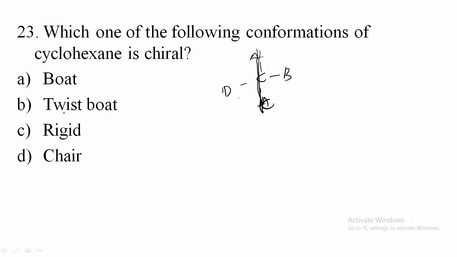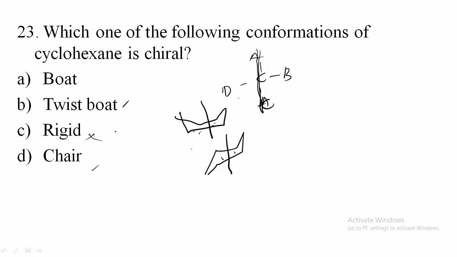Now here, which one among these will show the chiral form of cyclohexane? If you take the boat form and take the plane of symmetry, then you will get a symmetric structure. As well as in chair form, if you place the plane mirror, you will get a symmetric structure. And you have seen the twist boat.